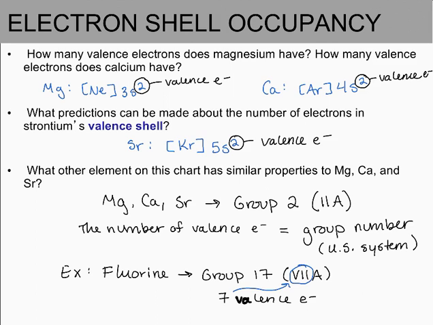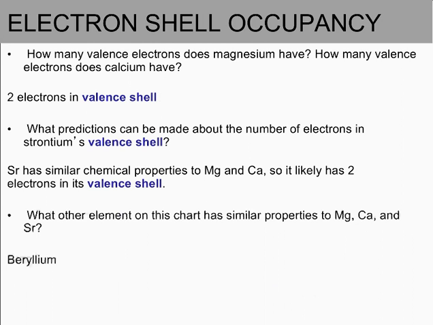But those 3 elements also have 2 valence electrons, and they're also in group 2. And remember that elements that are in the same group or column have the same or similar chemical properties. And then here is the solution slide.